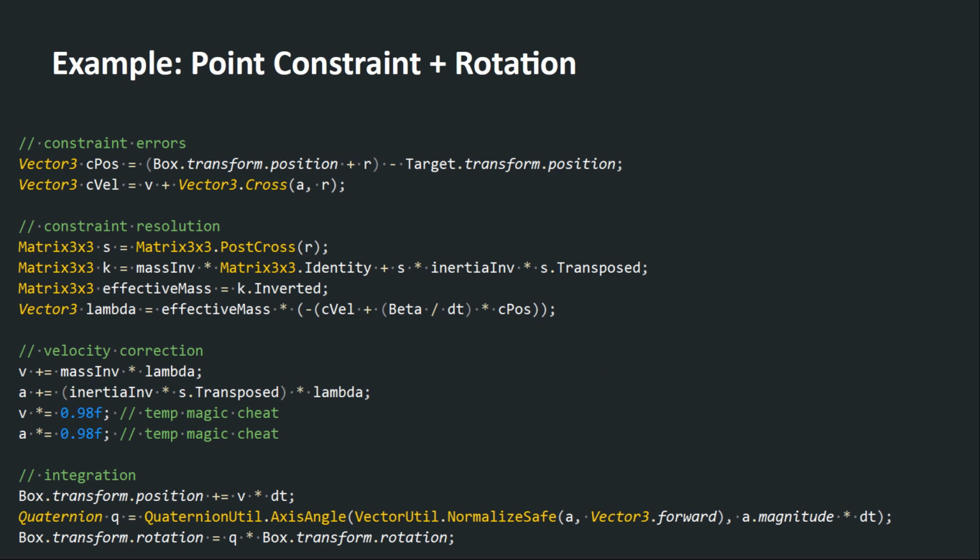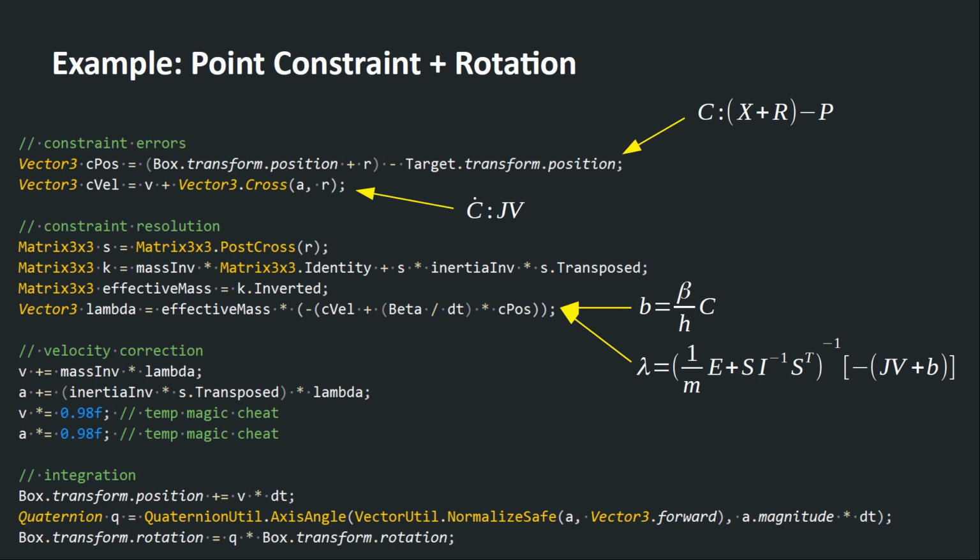Now it's time for code. Here is the position constraint, which is also the positional error. And here's the raw velocity constraint, which is the velocity error. And here's the bias term, which is the Baumgarte stabilization term using the positional error as a feedback. And then lambda.